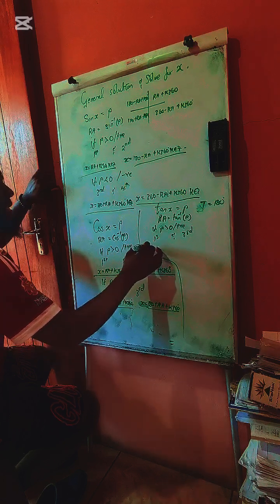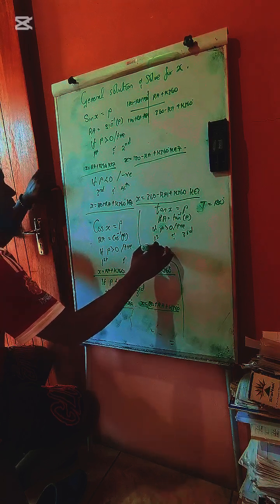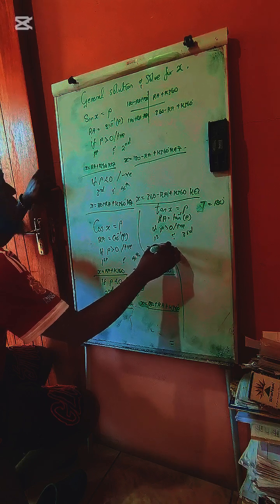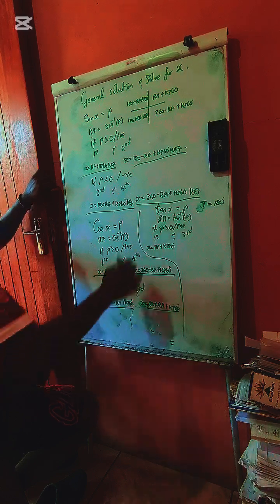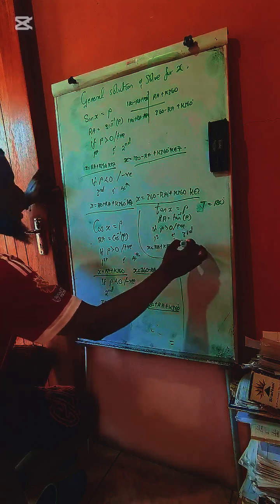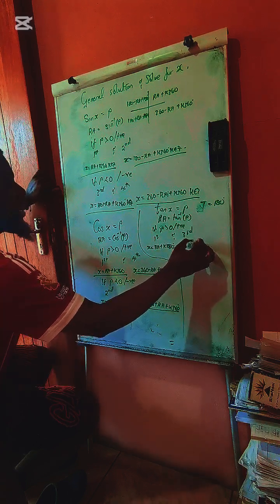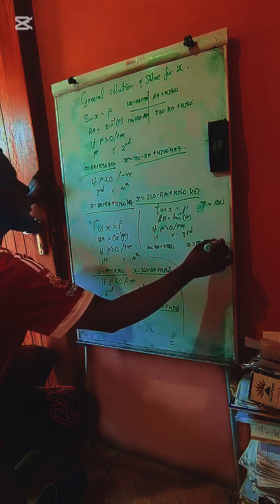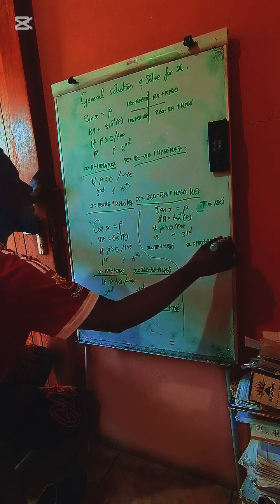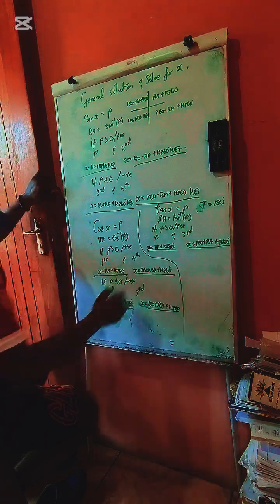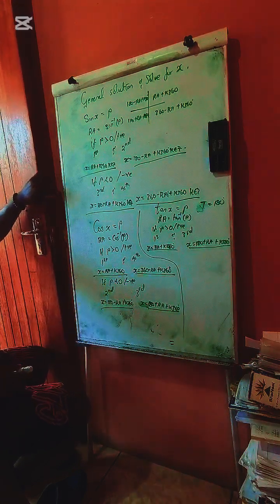So for the first quadrant, x equals reference angle plus k 180, because it's tan. For the third quadrant, x equals 180 plus reference angle plus k 180 degrees. So for tan, you'll be using 180 instead of 360. The rest is the same.